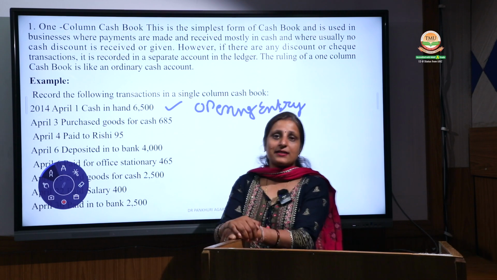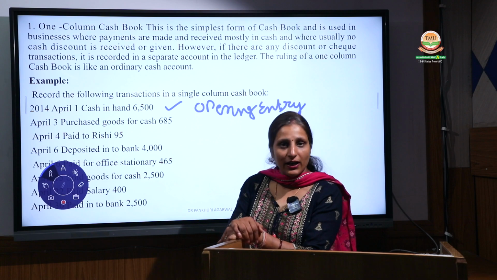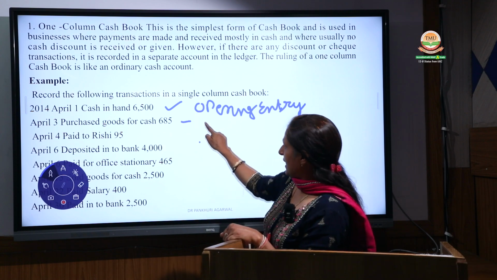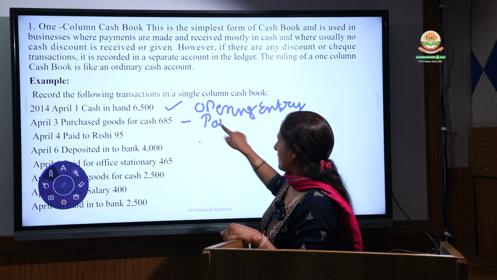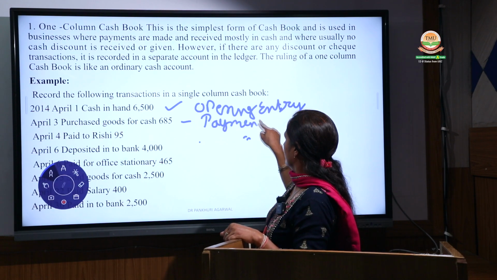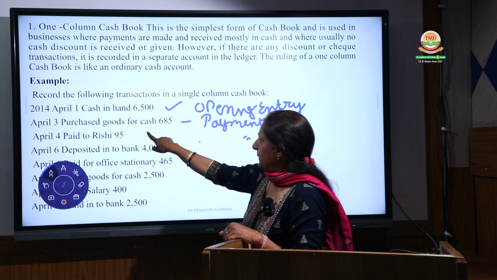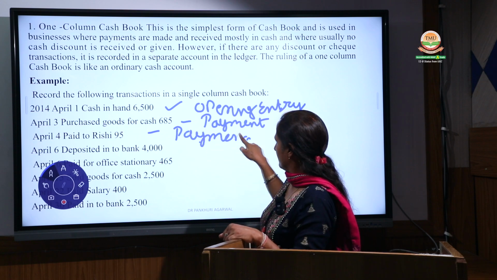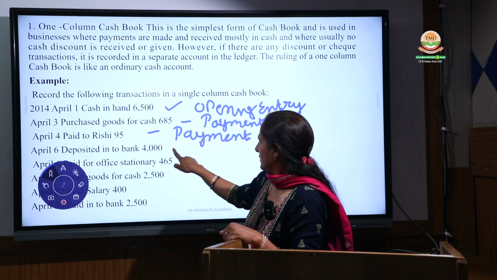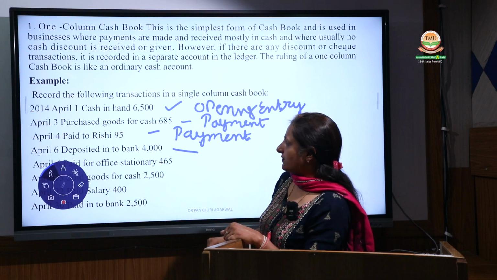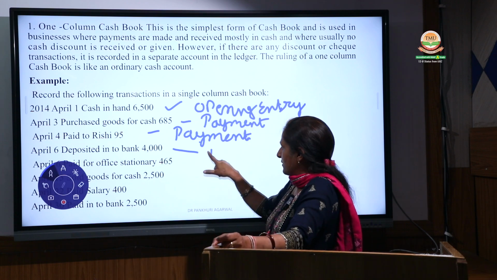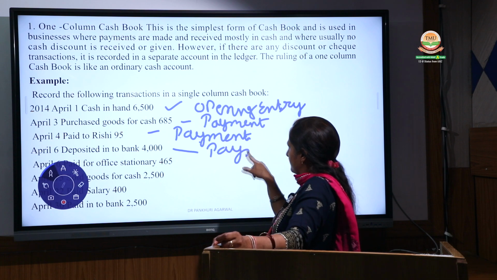This is the balance that I have at the opening of my account. When I have to purchase goods for cash, this is a payment entry. Paid to Rishi, payment. Deposited into bank, cash is going from my side to the bank, payment.